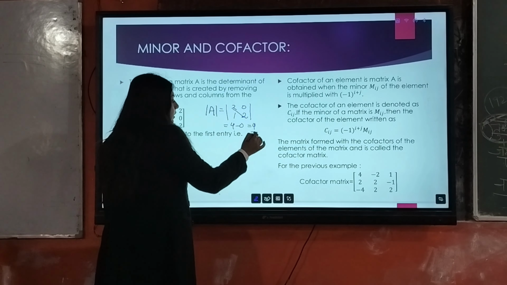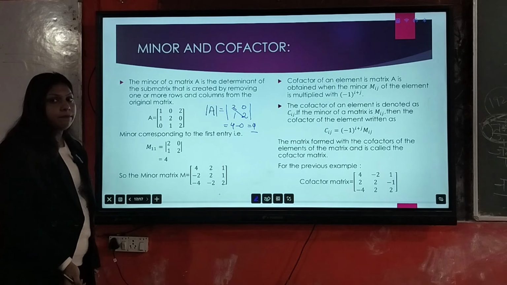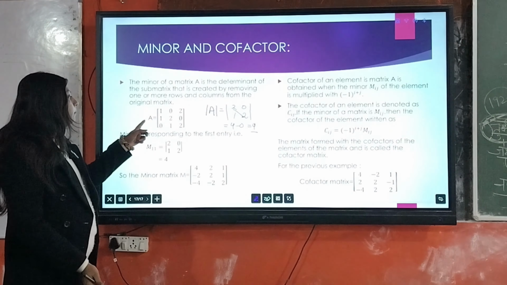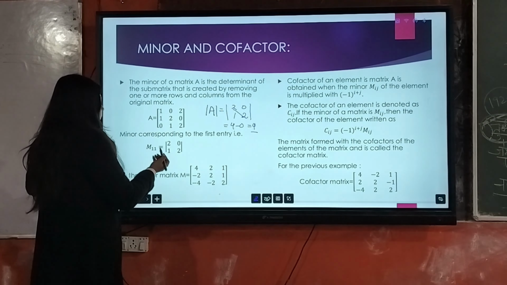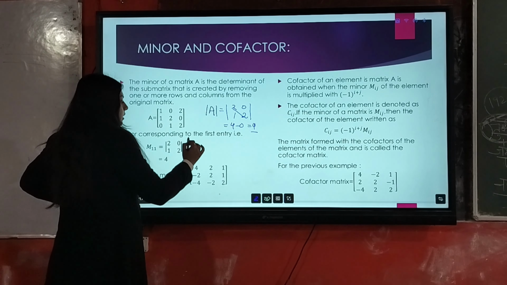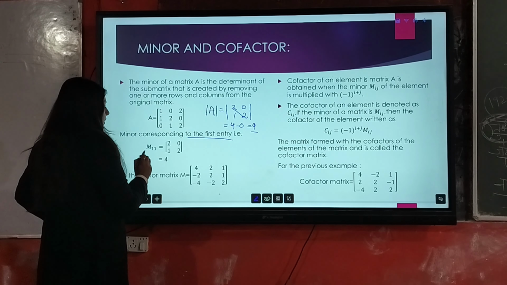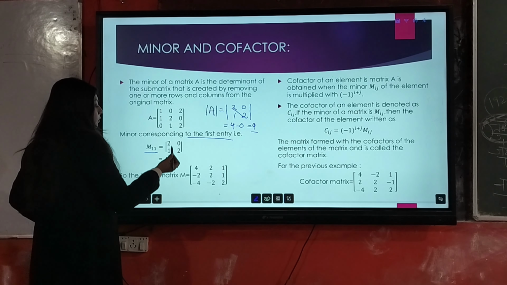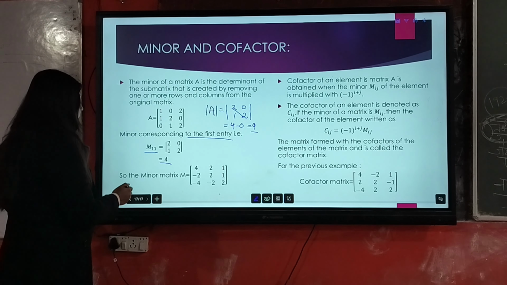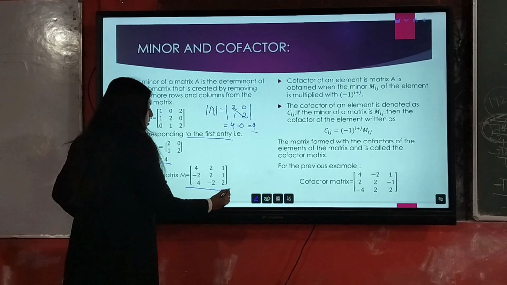So the determinant of this submatrix becomes a minor entry. The minor corresponding to the first entry, which we represent as M11, is 4. Similarly, we can find it for the other entries, and the minor matrix will become this.